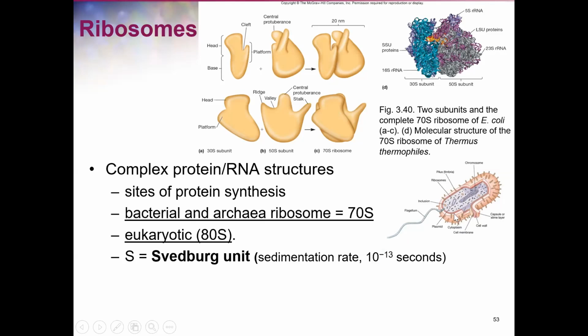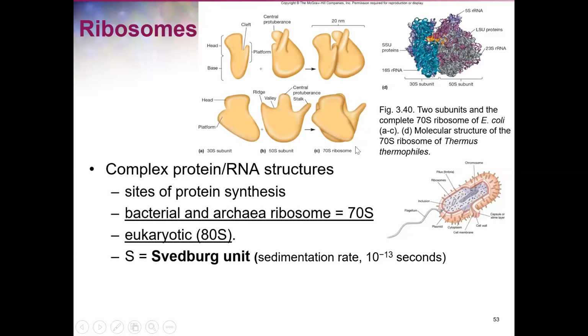The ribosome is the organelle, or factory, that produces protein. If you separate it into different components, we know it has two parts. This is just a different way to look at it. There is the small subunit, or 30S subunit, and the large subunit, or 50S subunit.